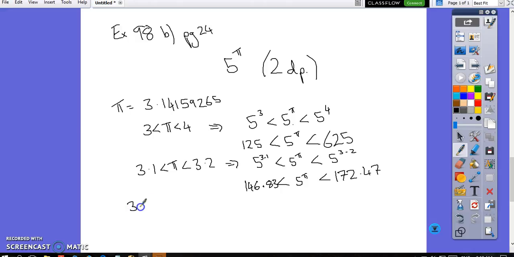So it's between then 3.14 and 3.15, which means that 5 to the power of 3.14 and 5 to the power of 3.15.